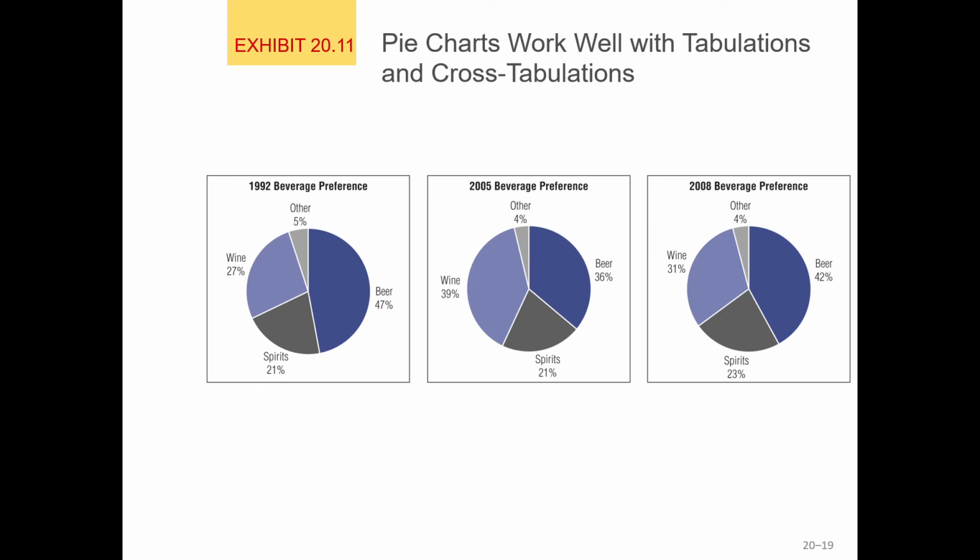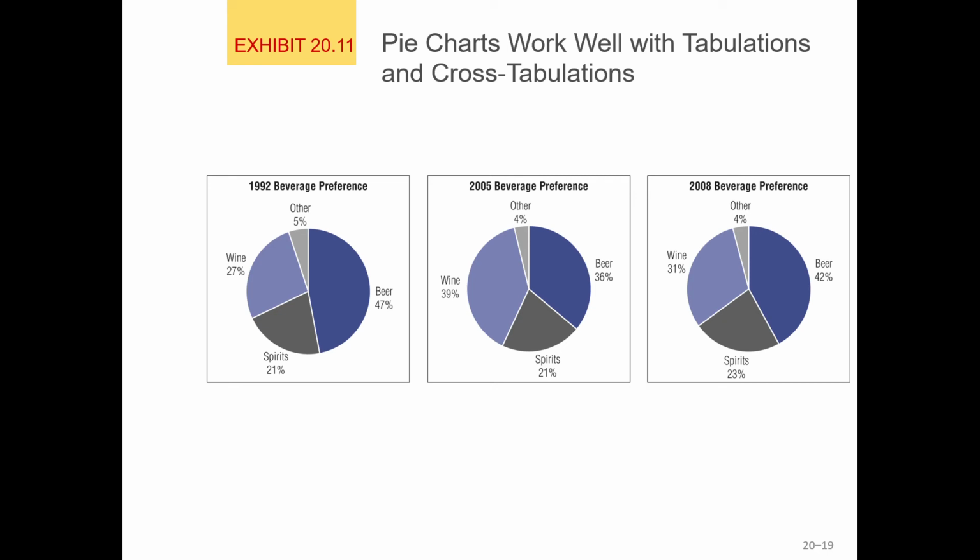And some choices match well with certain types of data analysis. Bar charts and pie charts are very effective in communicating frequency tabulation and simple cross tabulation. What we see here is the frequency of data from the opening chapter, and each pie summarizes preferences in the respective year: 92, 2005, 2008.